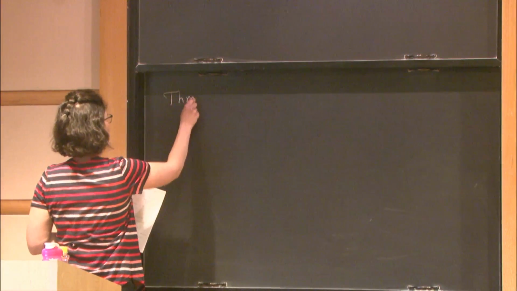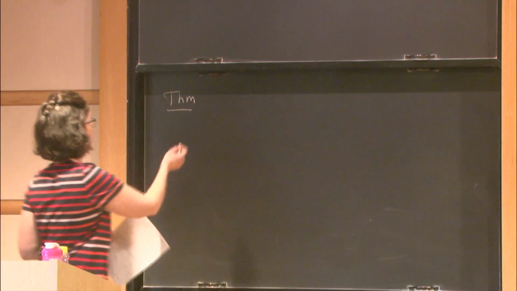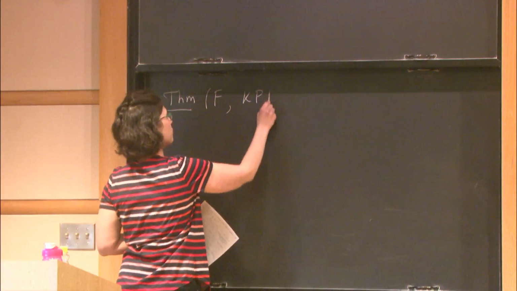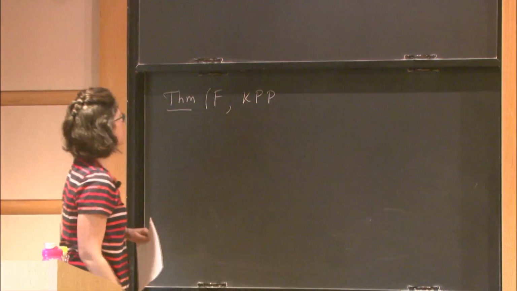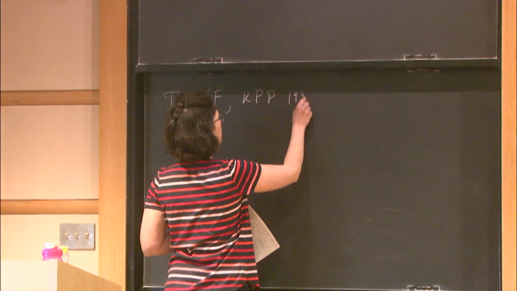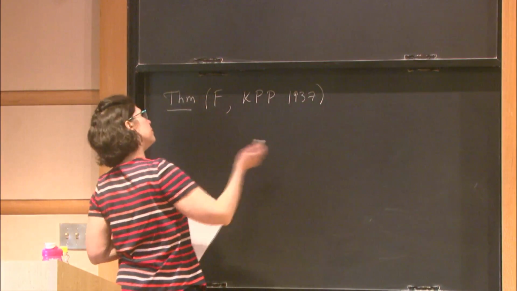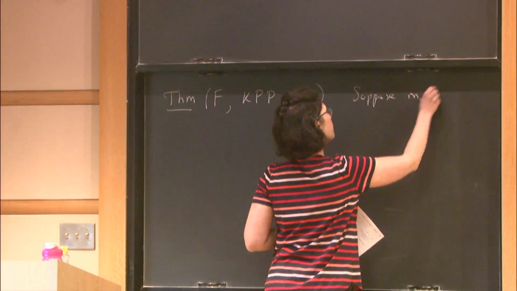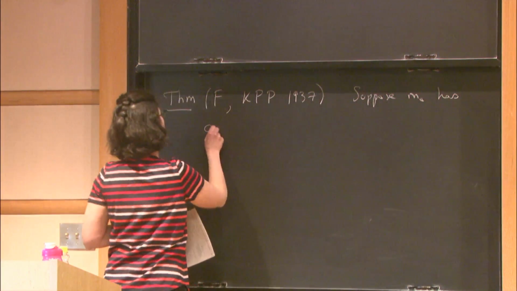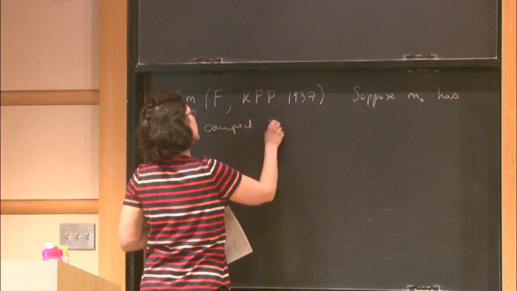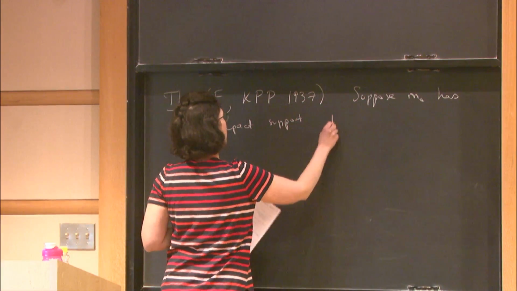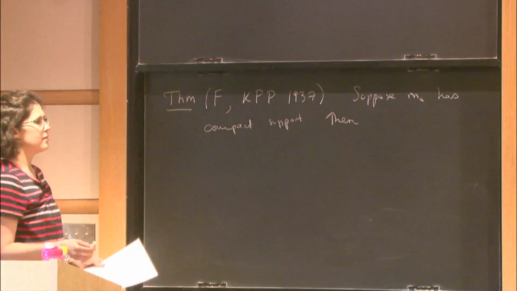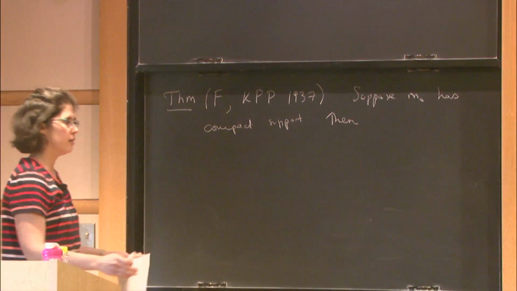So when this equation was introduced, independently by the KPP folks and by Fisher, both in 1937, they showed that, suppose, let's say m0 has compact support, they showed that the population, or I'll always say population, spreads at a linear rate.